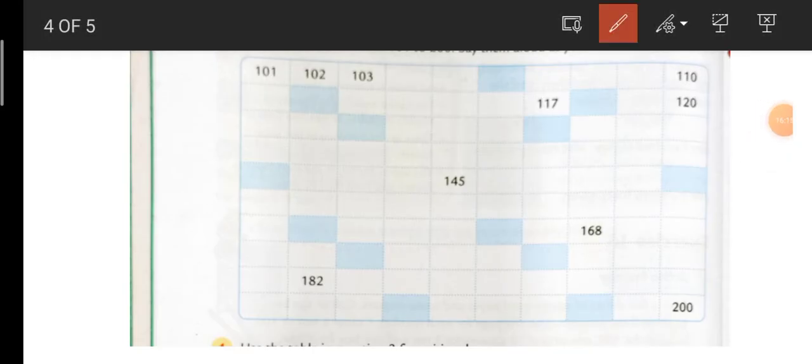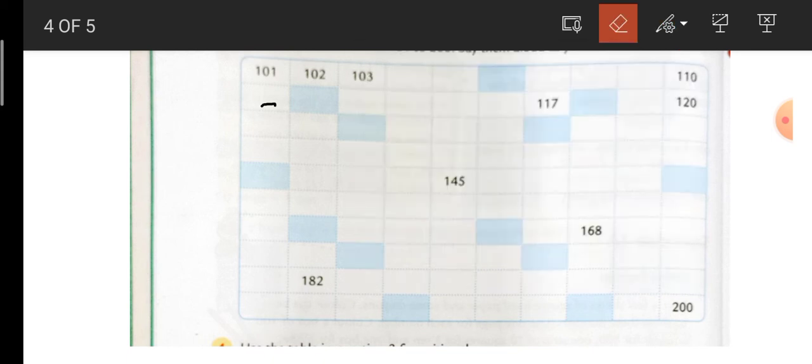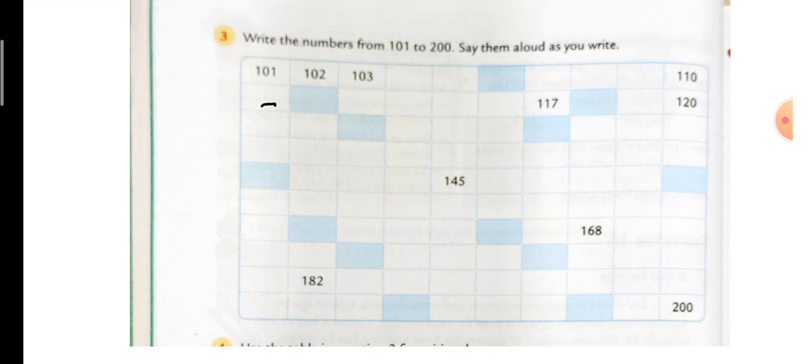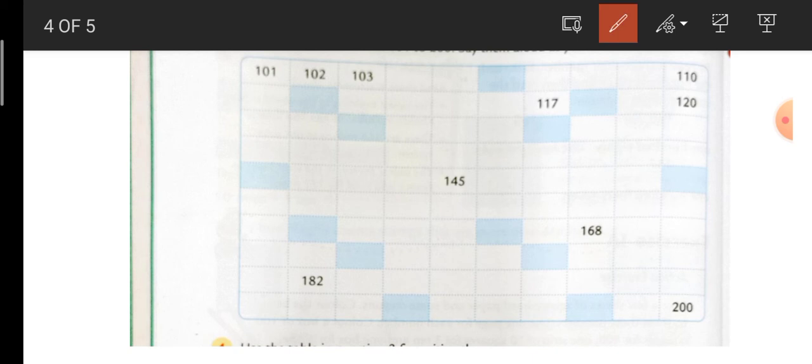Now here, children, you will say the numbers and write them in the box. Okay. Here it is written 101, then 102, 103.